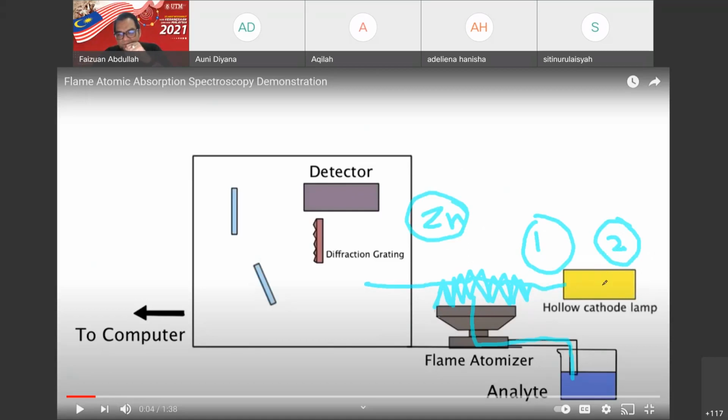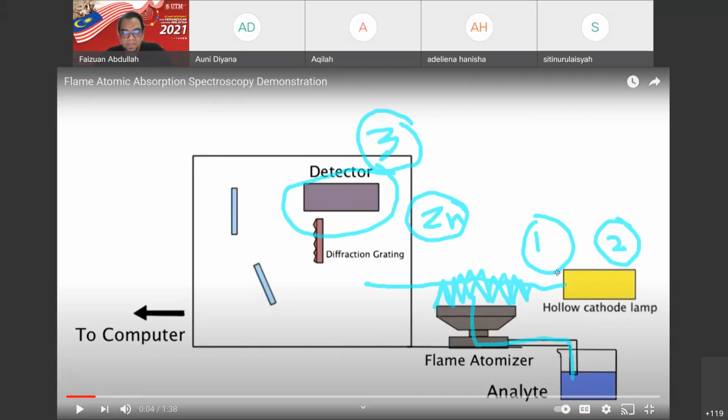So that is the second important thing in this instrument. And the third important thing is our detector. The hollow cathode lamp will emit a light with a specific wavelength depending on our analyte.